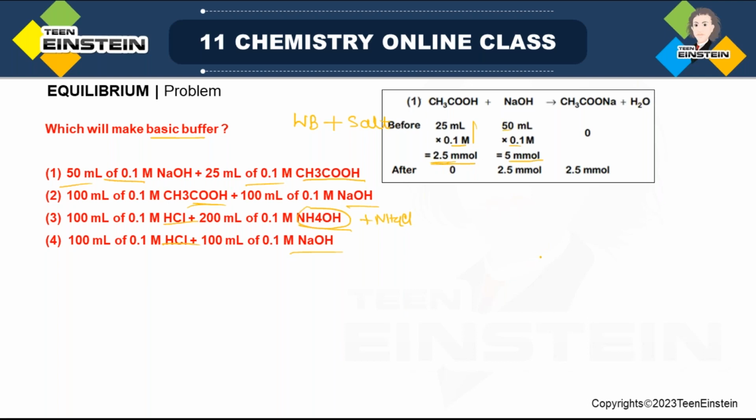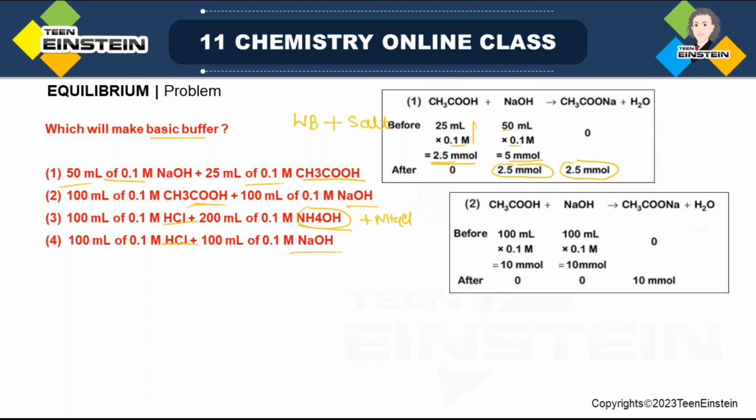So all the acetic acid will be consumed. There will remain extra sodium hydroxide and some sodium acetate. So we have salt, but we also have strong base, and this cannot be a buffer. Even without doing calculation, you can say this cannot give the correct answer.